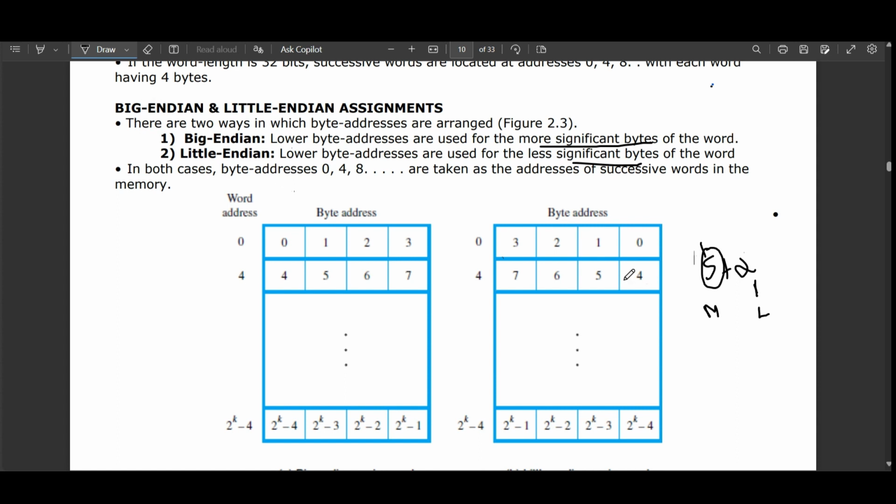In big Endian or little Endian, the lower byte address remains the same. This zeroth address will be the lower byte address, and similarly here, this 3 will be the higher byte address.